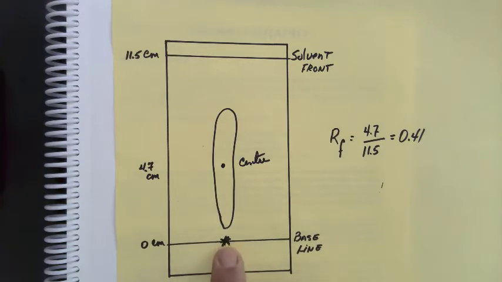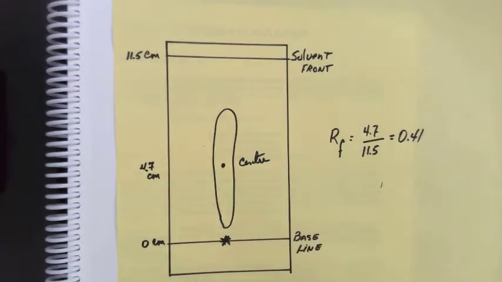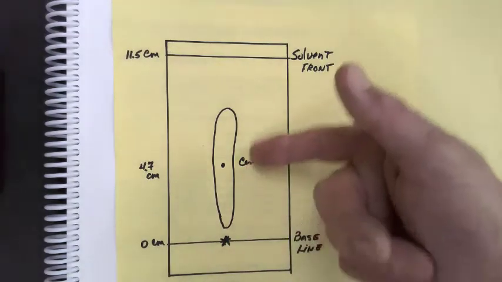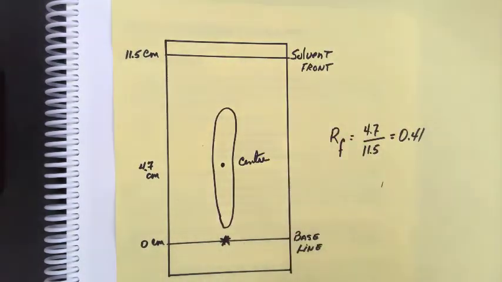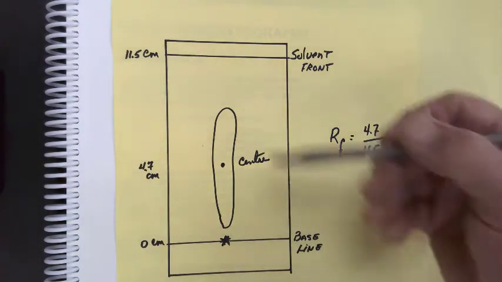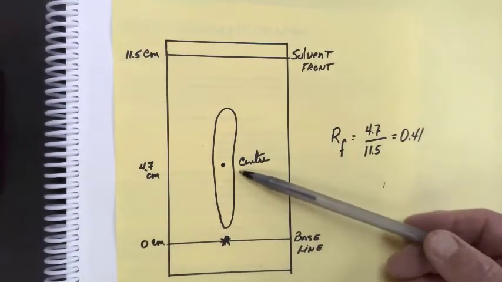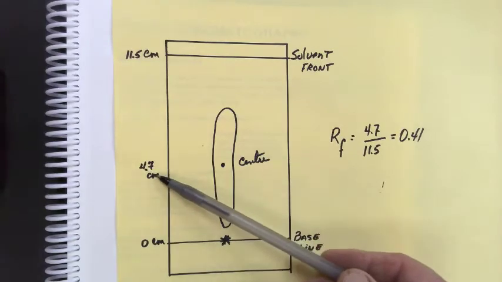In other words, this is where I put my sample originally, and when I put my sample in a developing solution, the developing solution climbs up the chromatogram, and as you'll notice, it pulled this apart like that. So when I want to measure the RF value, I find the center of my color. I want the average, so that's why I picked the center, and that was approximately 4.7 centimeters.